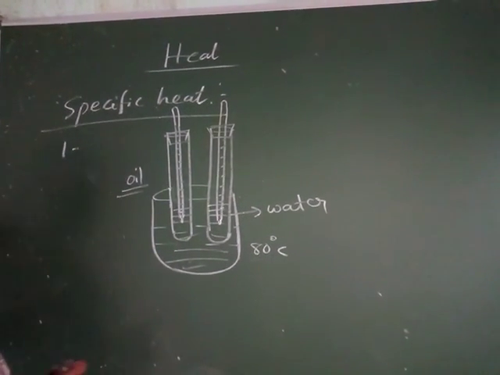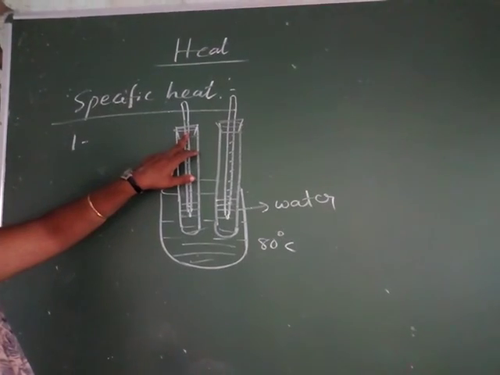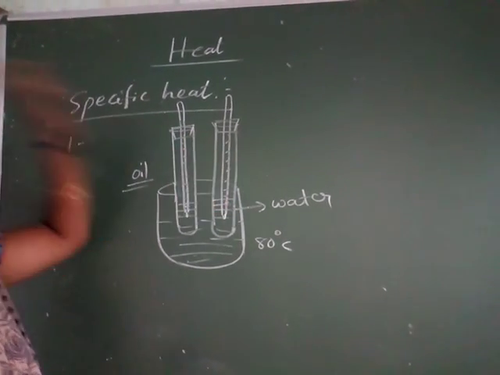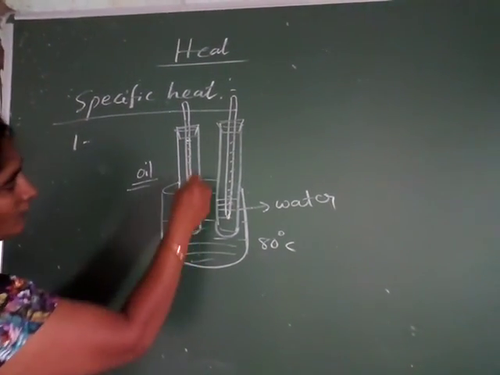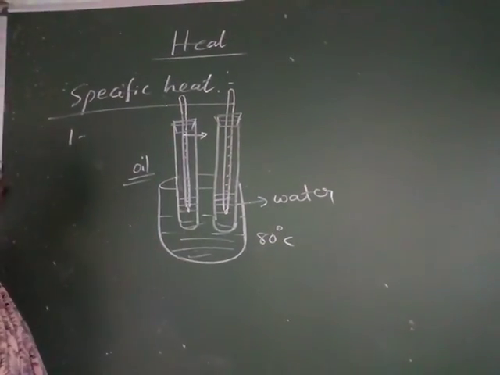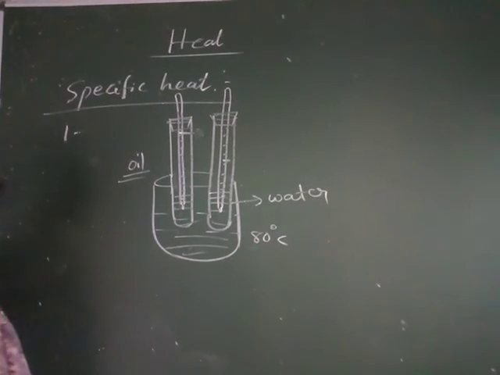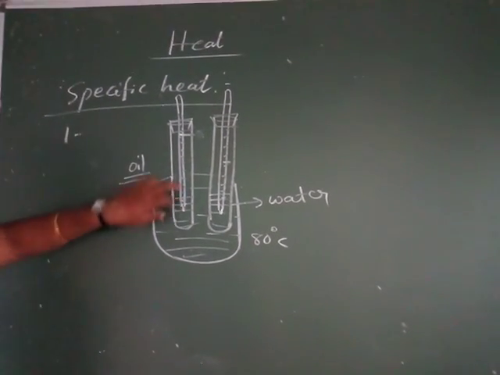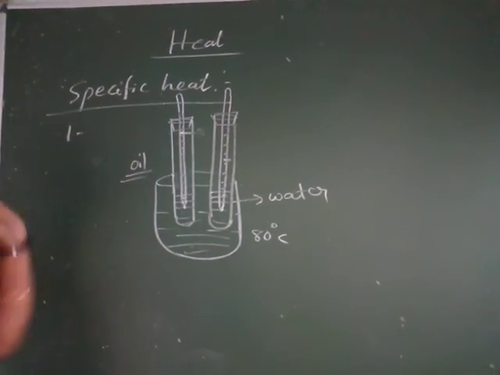But we can observe here that the rising temperature in oil is faster than in water. That means the oil thermometer reading is higher than the water's. Suppose it shows like this. See here, the rise in temperature in oil is more than in water.